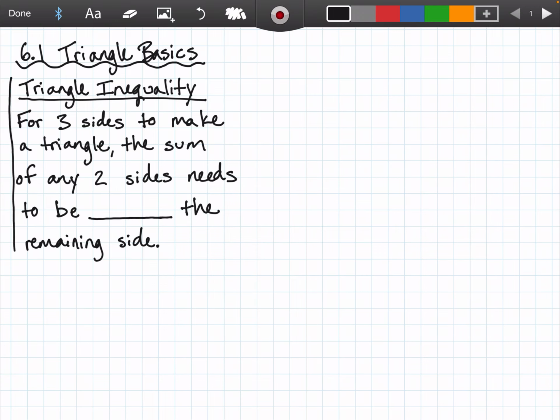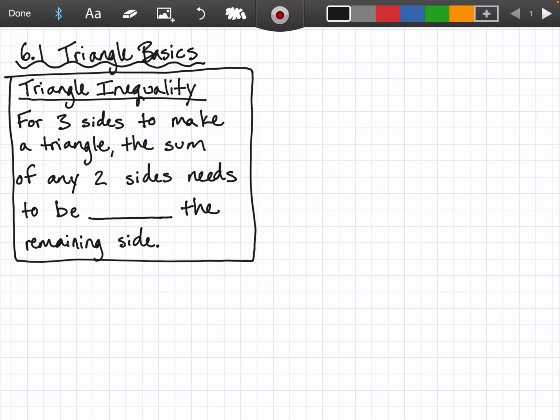And I want you to see if you can fill in the blank. Basically, your options are, is it less than, greater than, equal to? Those are your choices. So think about that for a second, and we're going to demonstrate this.